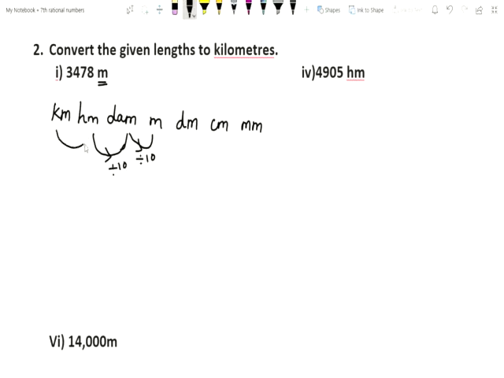Third step, divide by 10. 10 into 10, 100, 100 into 10, 1000. We need to divide by 1000. First write the relationship. 1 meter equal to 1 by 1000 kilometer.